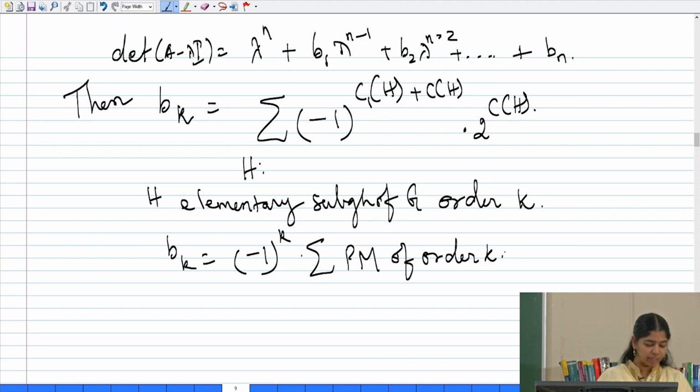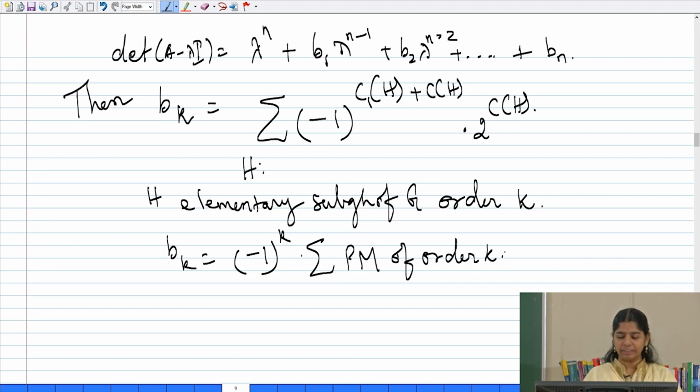But what are these principal minors here? You take k vertices at a time, that is what your submatrix is giving you, k rows and k columns, identical rows and columns we are taking. So, that gives you nothing but the order k subgraph of the given graph.